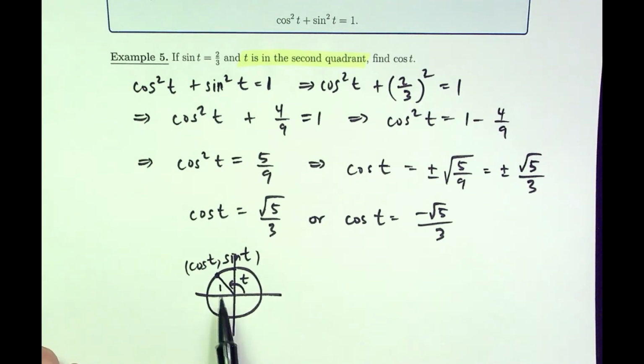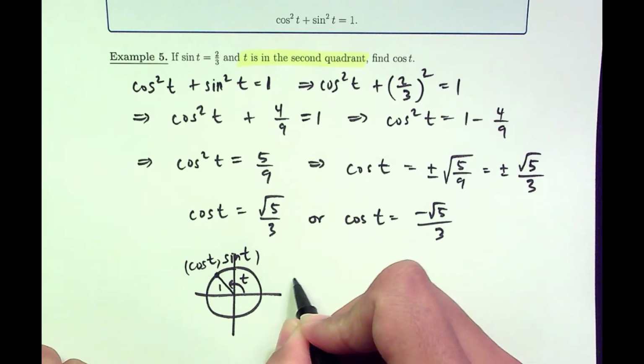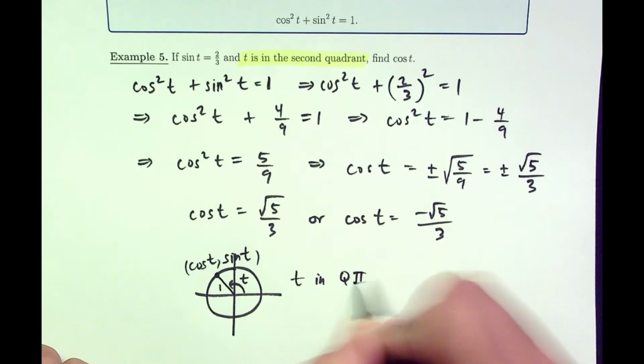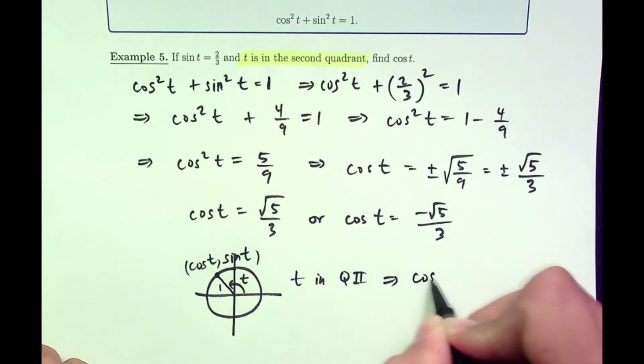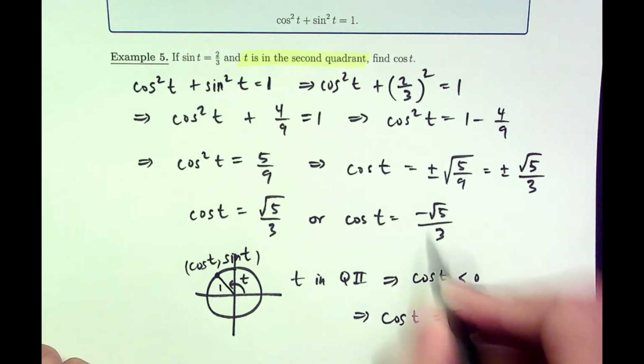So the fact that this point is in the second quadrant tells me that the cosine has to be negative. Okay, so t in quadrant 2 means that the cosine has to be negative. But if cosine is negative, that means that cosine of t has to be this one, not that one.